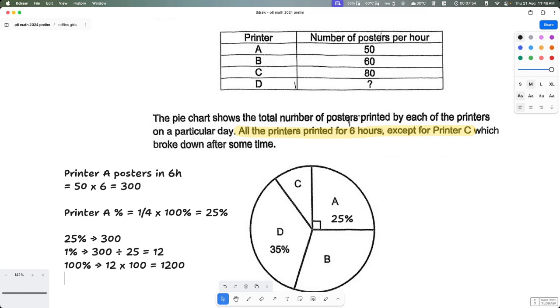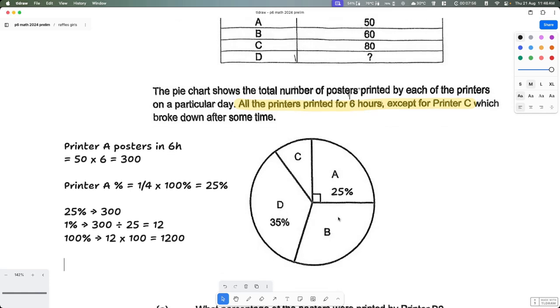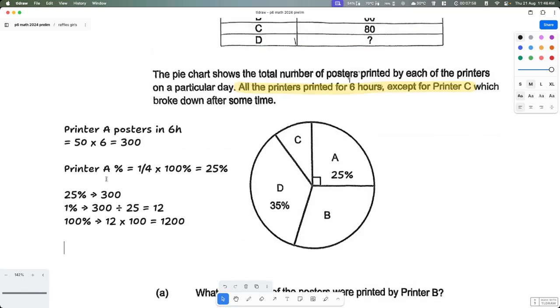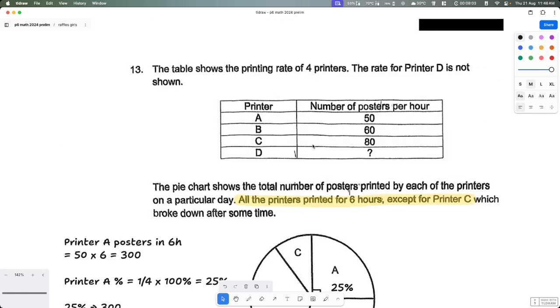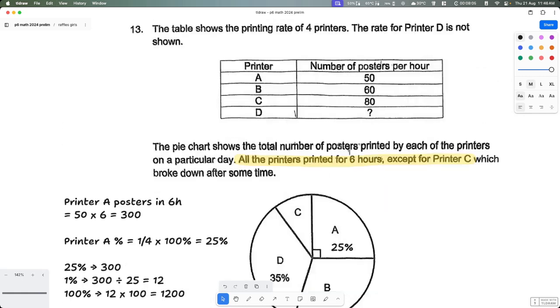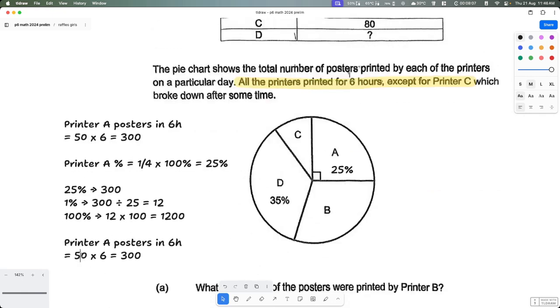At the same time you also want to know printer B, the posters in 6 hours. We know printer B prints 60 per hour, times 6 is 360 by printer B, right?